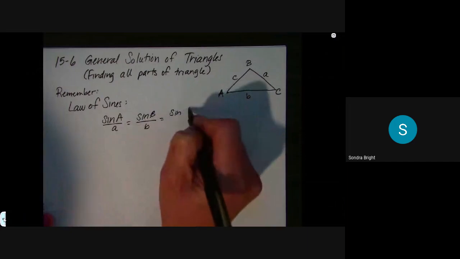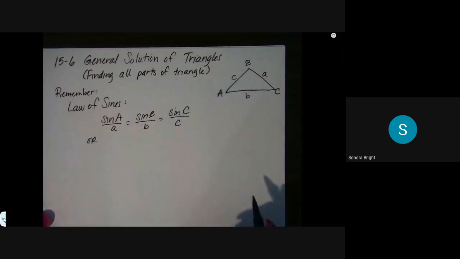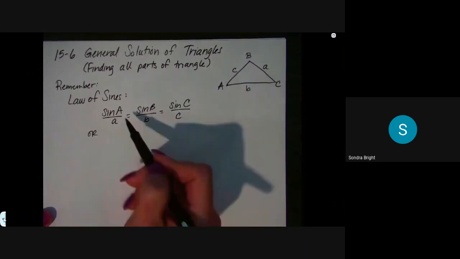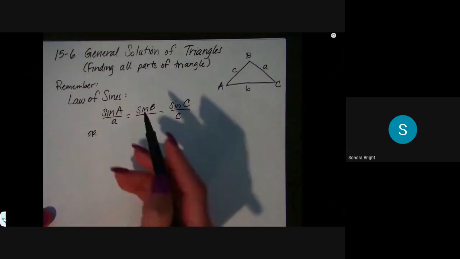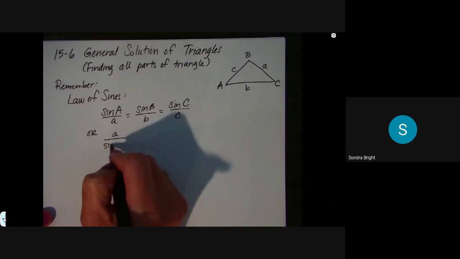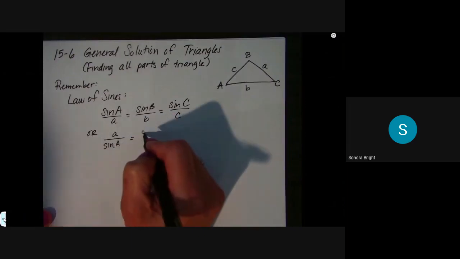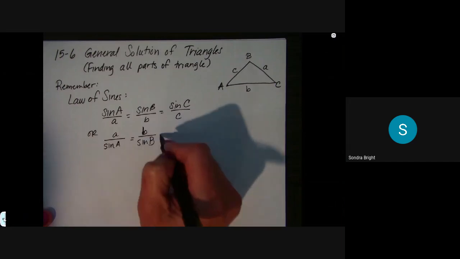Or depending on what's missing, if what you're trying to find is an angle, then I would use those ones. But if what you're missing is a side, these are equivalent, writing the side over sine of angle A, equal to side b over sine of angle B, equal to side c over sine of angle C.